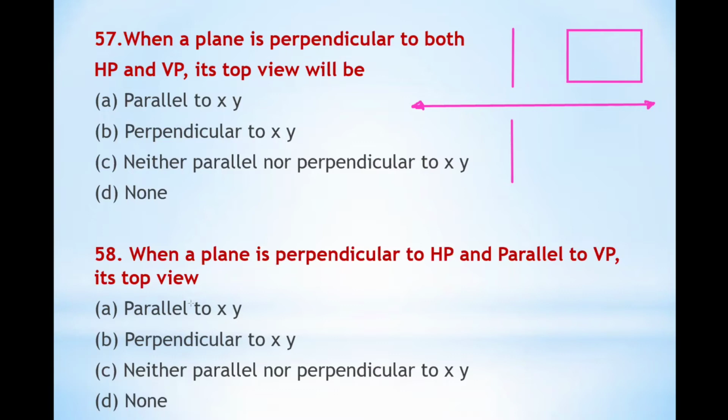So here, as I told in the last MCQ, the front view and top view will be a line perpendicular to XY. So in this case, our option will be B, perpendicular to XY.